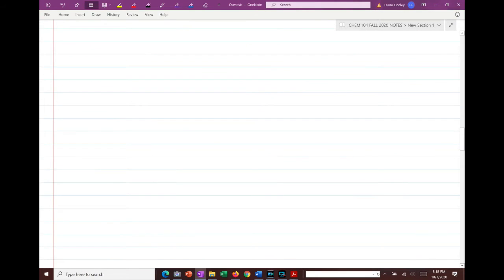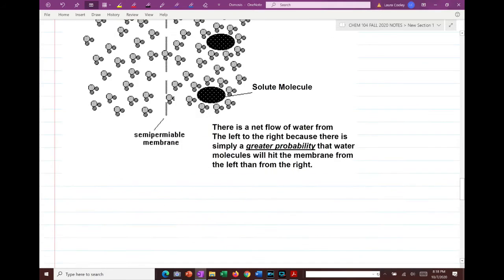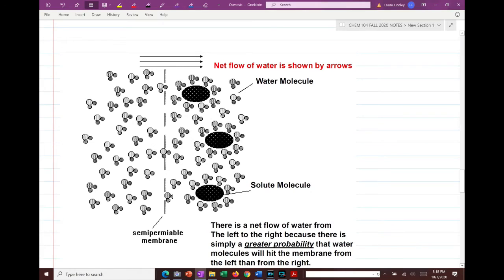And here's an illustration of it. So here I've got these Mickey Mouse-like things, these are the water molecules. And these guys are the solutes. And remember, the water molecules are pretty small compared to most solutes. So these might be a big sucrose molecule or something like that.